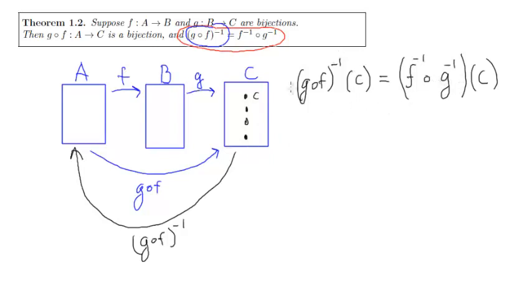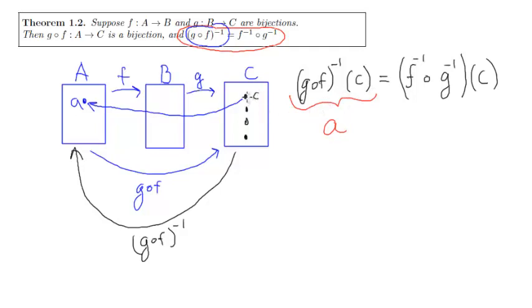So what we're going to do is say, we have no idea what this is, but we're going to give it a name. I'm going to call this A. In other words, c gets mapped back to A by this function right here.